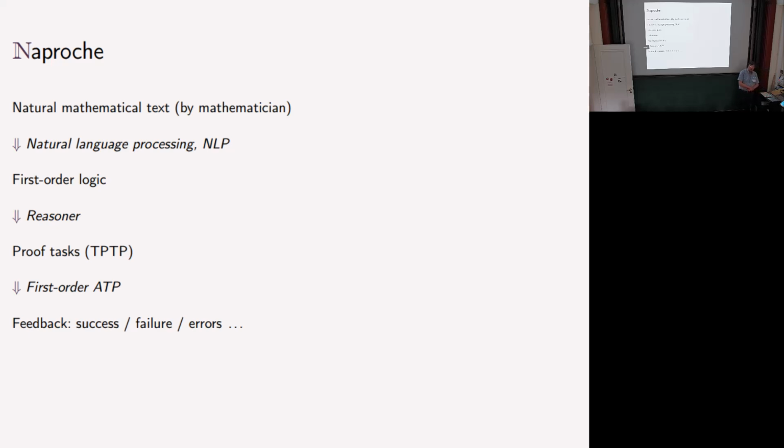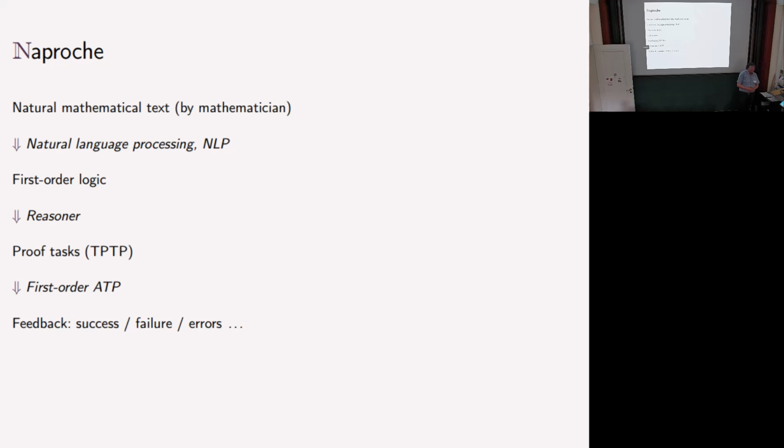So Naproche takes hopefully natural mathematical text written by mathematicians, and then there should be natural language processing, NLP, to turn this into a natural inner logic. And although we are sort of talking around these things a lot here, let's say the accepted mathematical logic in mathematical practice is first order logic with its extensions, let's say, towards set theory.